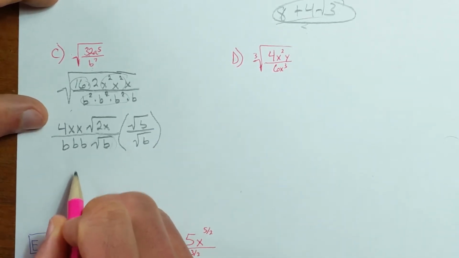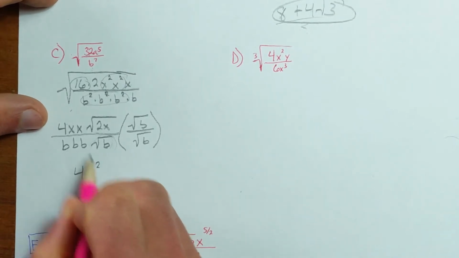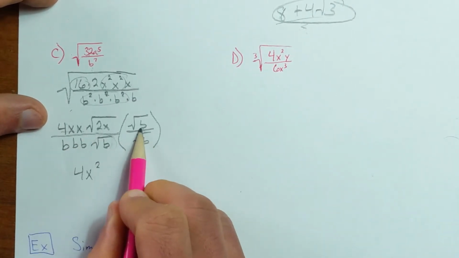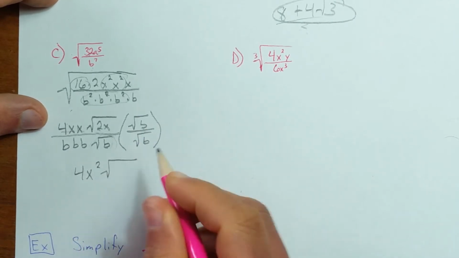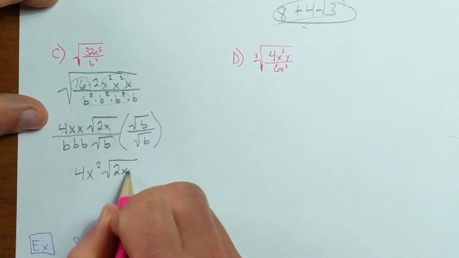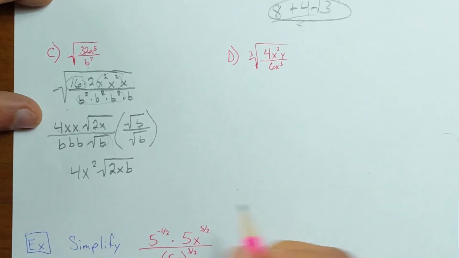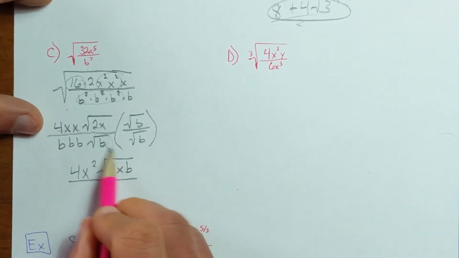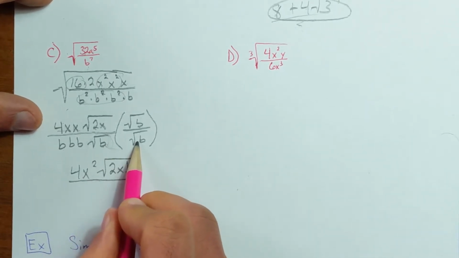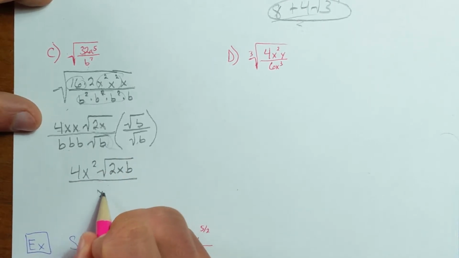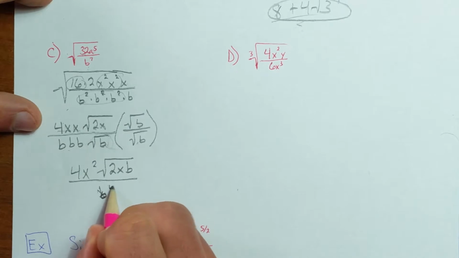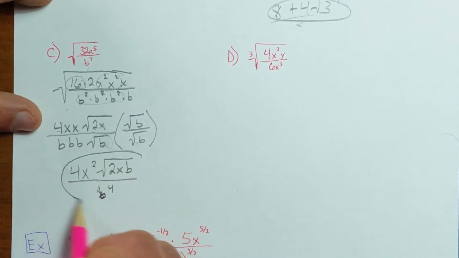And that will give me in the numerator 4x squared from this. I have 2x and b, nothing that comes in a pair of 2, so they all have to stay in there, and order doesn't really matter how you write it, but 2xb divided by these 2 square roots of b now become a regular b outside the radical, and you have a total of 4 of them. So it would be not x, but b to the 4th. And now you have rationalized it.